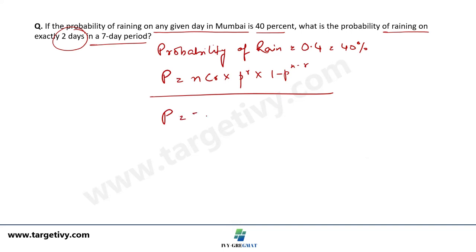P is equal to 7C2 multiplied by 0.4, the probability, to the power r, which is 2, multiplied by 1 minus p, which is 0.6, the non-occurrence, to the power n minus r, which is 5.